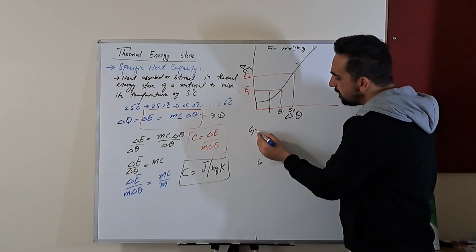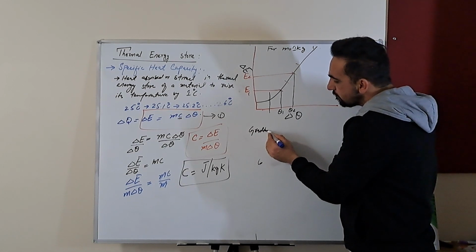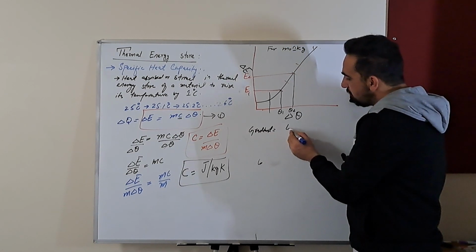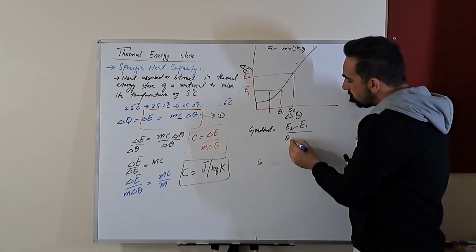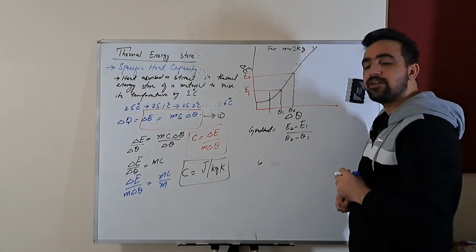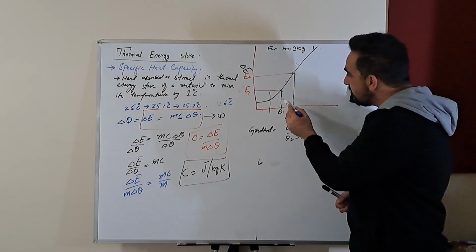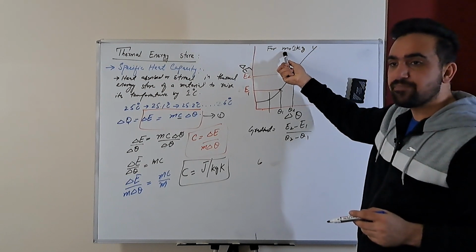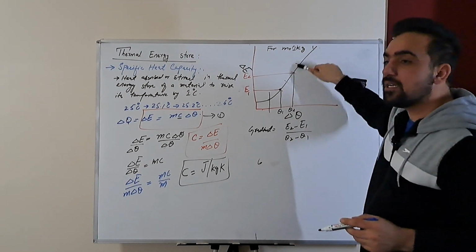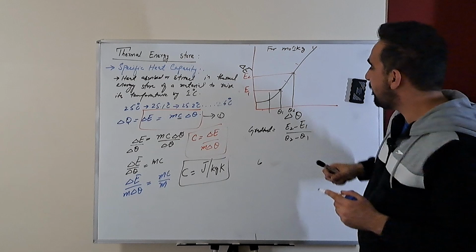So the gradient will be E2 minus E1 divided by theta 2 minus theta 1. And when you divide these, you get your specific heat capacity. So you can figure out the specific heat capacity of different materials.